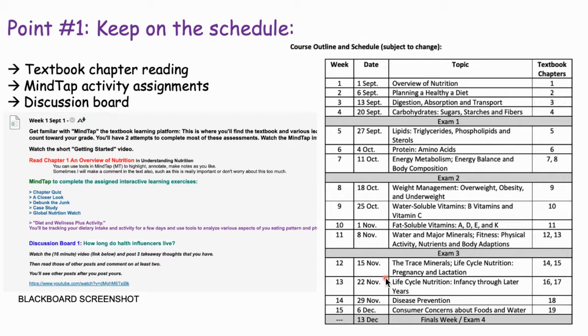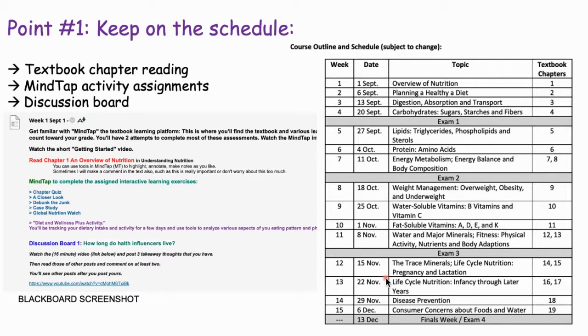That's segments of life, starting with women and pregnancy and lactation, and then going forward into infancy, early childhood years, and then later years.